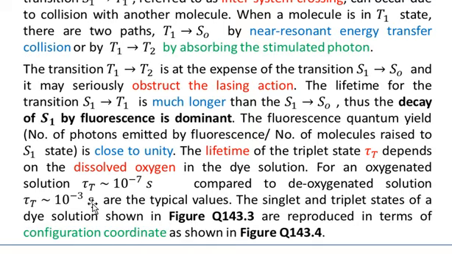So you see that in the case of deoxygenated solution, the lifetime is much larger in comparison with the oxygenated state of the molecule. So these are the typical values.